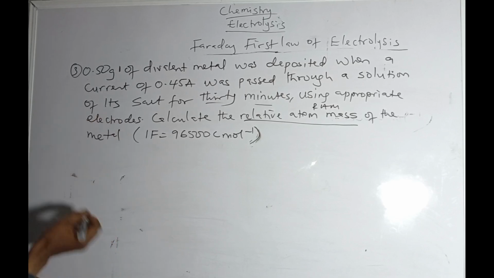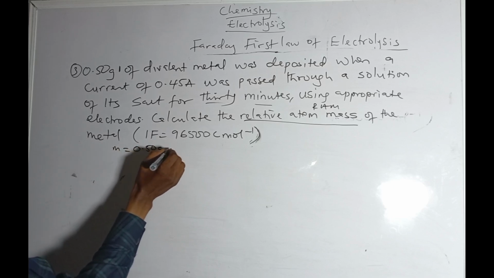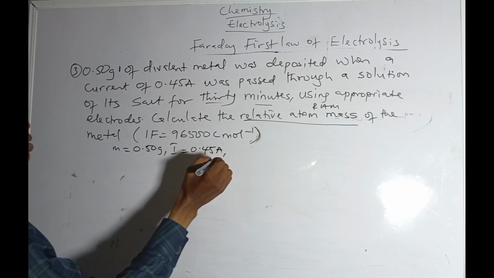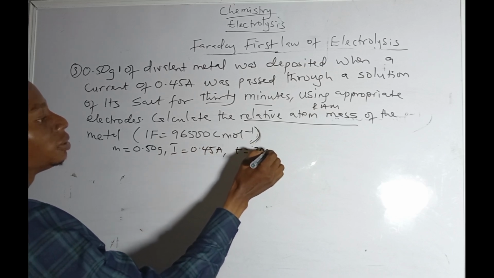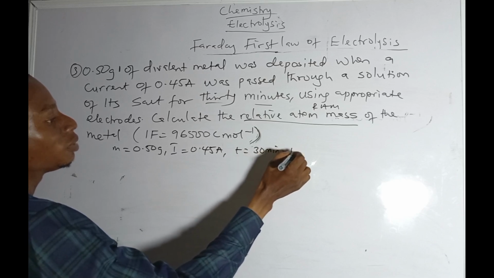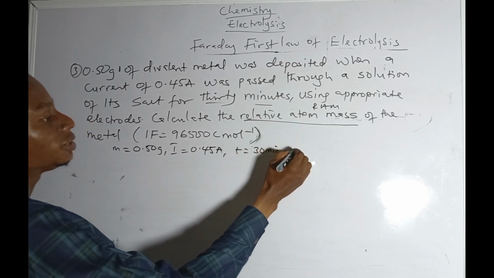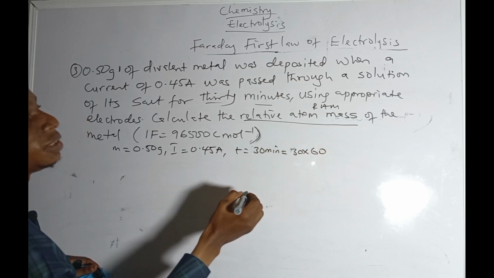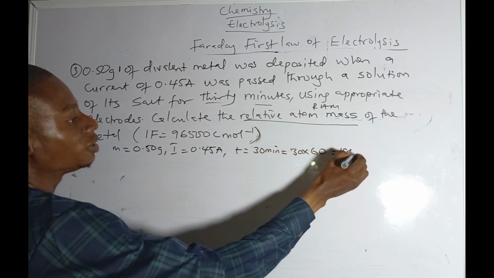What are we given? Given mass to be 0.50 gram. We're given I to be 0.45 ampere. They gave time also to be 30 minutes, that is 30 times 60, which is 1800 seconds.